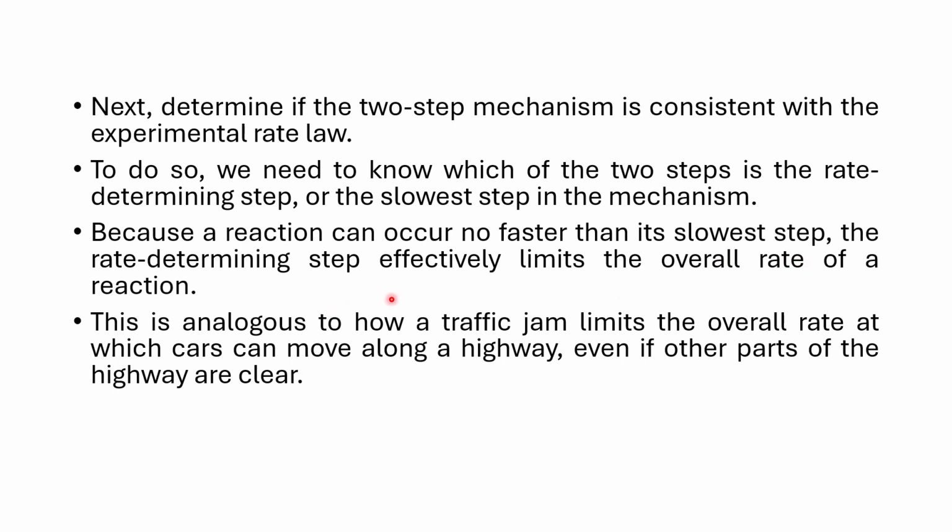The rate determining step effectively limits the overall rate of the reaction. It is analogous to how a traffic jam limits the overall rate at which cars can move along a highway, even if other parts of the highway are clear. So we have to find out which elementary step is the rate determining step.